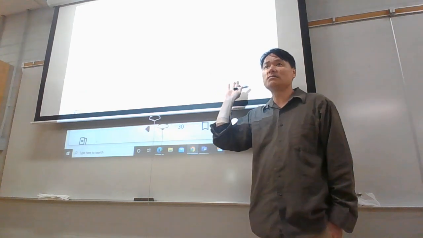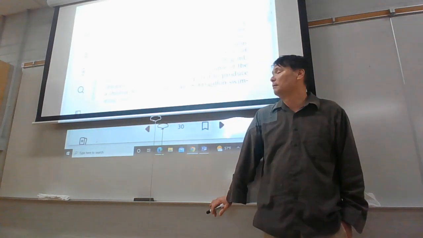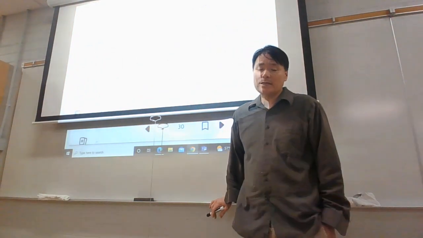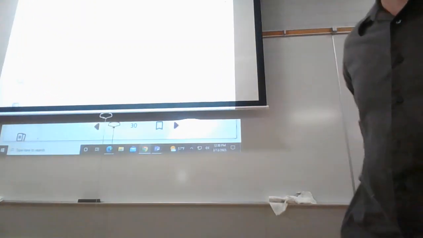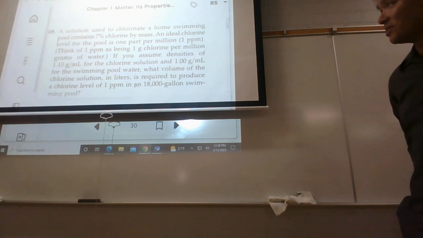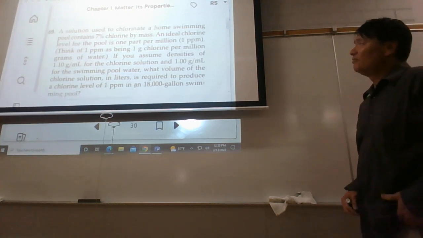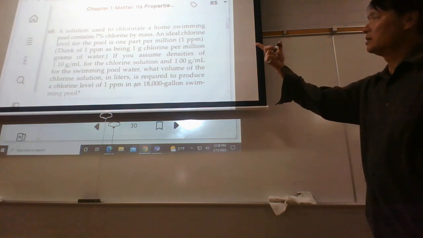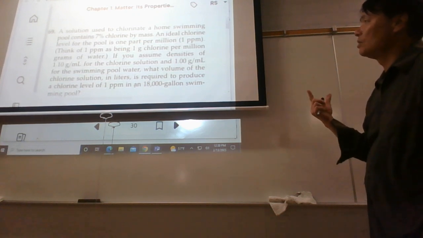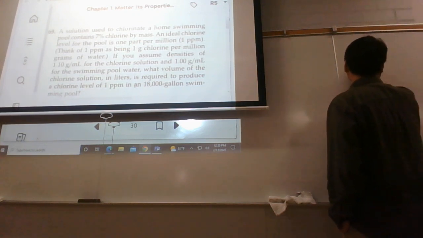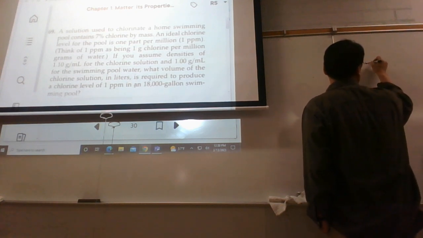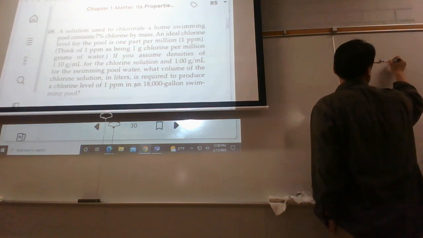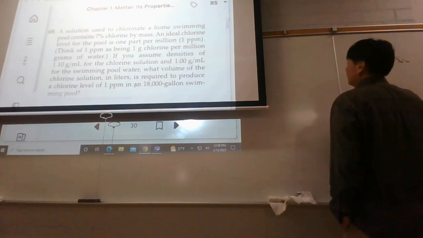So there's a lot of stuff in this problem. So what we normally do is we try to break it down into conversion factors and given units and this kind of stuff. So the first thing is a solution used to chlorinate a home swimming pool. So this is the chlorinating solution. So what do we know?